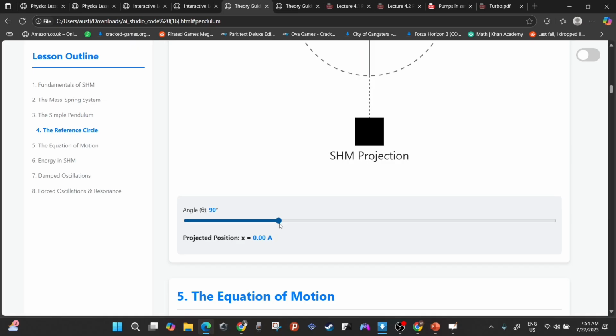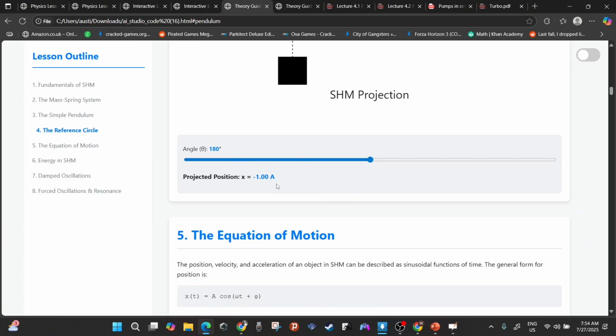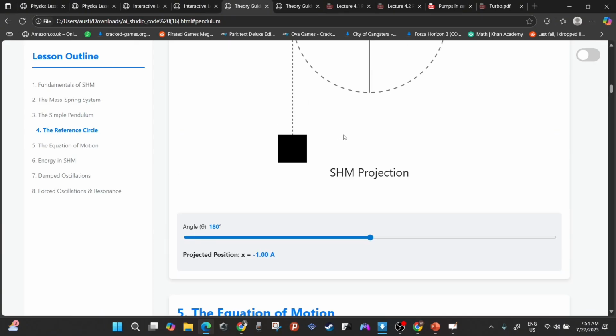Makes sense, right? But if we move further to our favorite other angle, which is 180, as you can see, it's completely to the left. So we get -1 times the amplitude. Pretty straightforward. And now we go to 270.